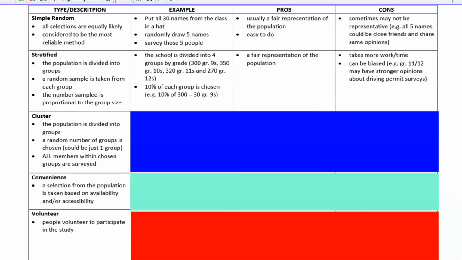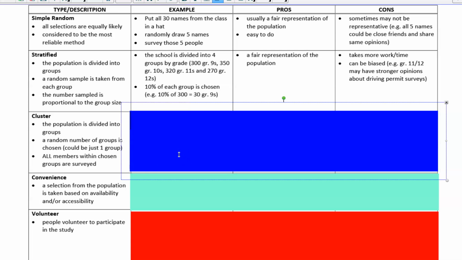Okay, the next one is cluster sampling. Okay, so again, the population is divided into groups. Then a random number of groups is chosen, and it could just be one of the groups, and then all members within that chosen group are surveyed.